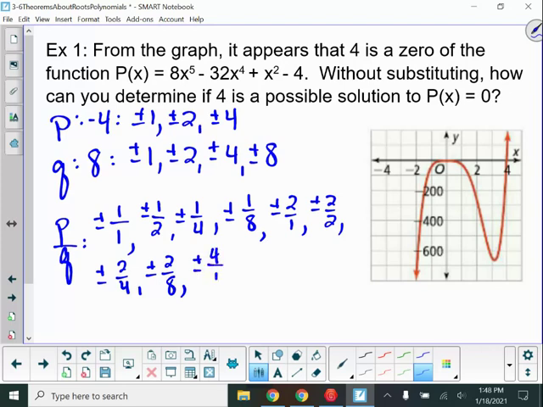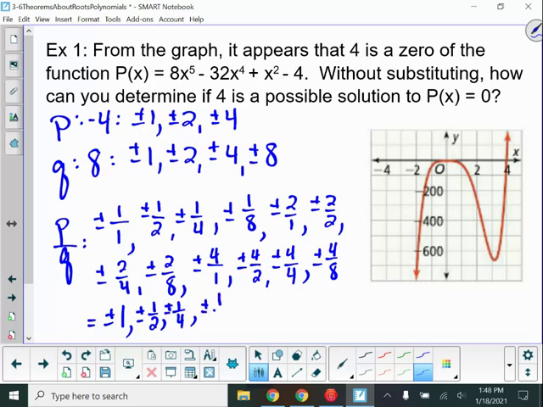And then I have 4 over 1, 4 over 2, 4 over 4, which is a repeat, and 4 over 8, which is a repeat. So if I go through and simplify these, my possible p over q's are 1, 1/2, 1/4, 1/8.